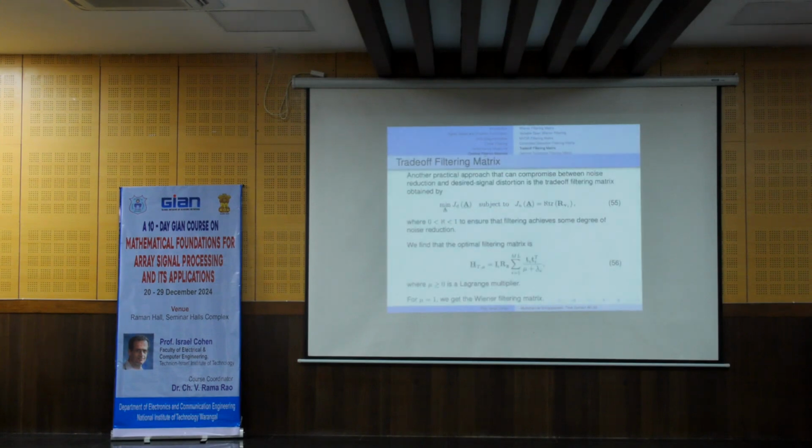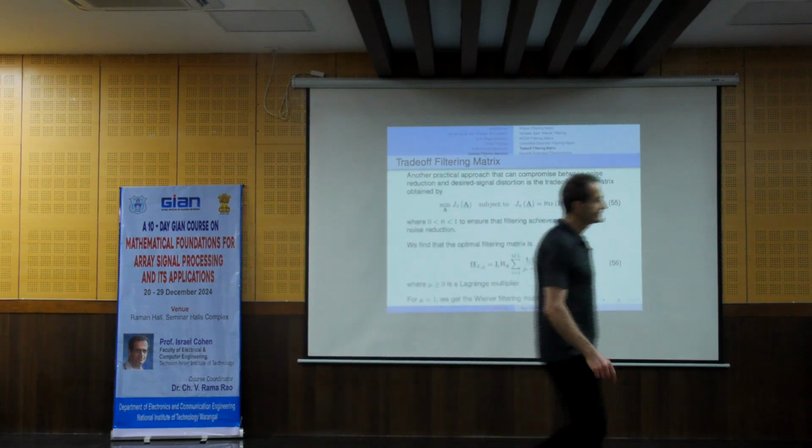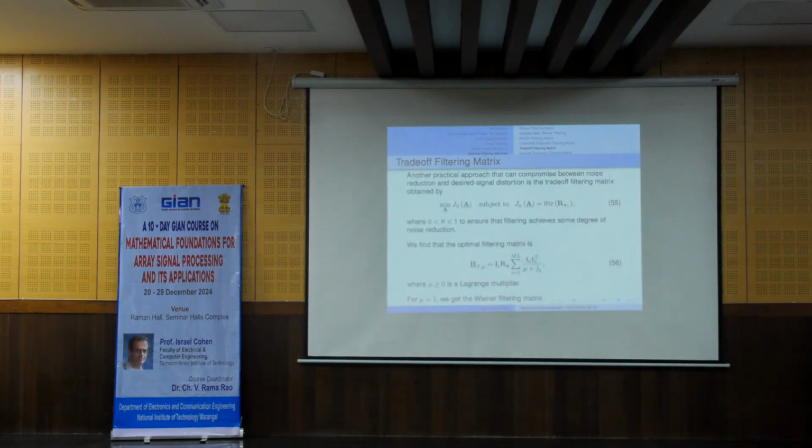So the trade-off filtering matrix, we try to minimize using a Lagrange multiplier, and we get this formula. So using this formula, how does it compare to the Wiener filtering matrix? Simply, instead of 1, we have here mu.